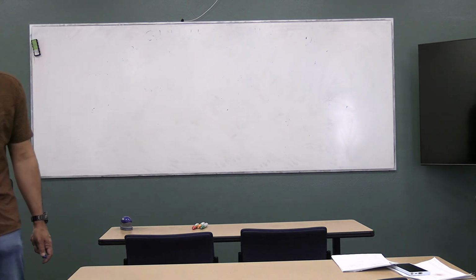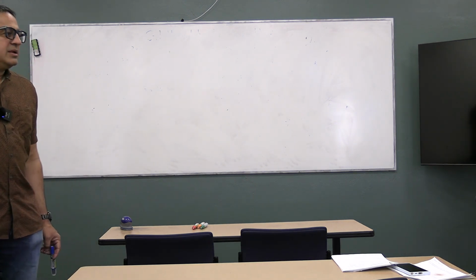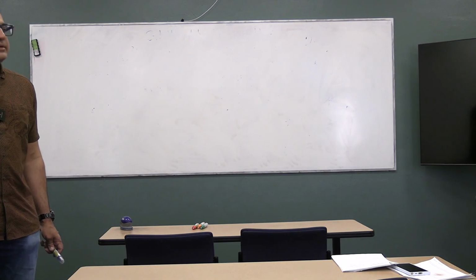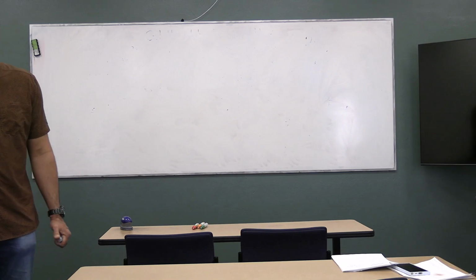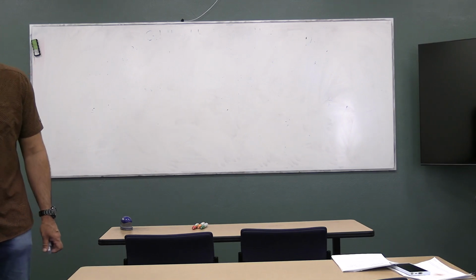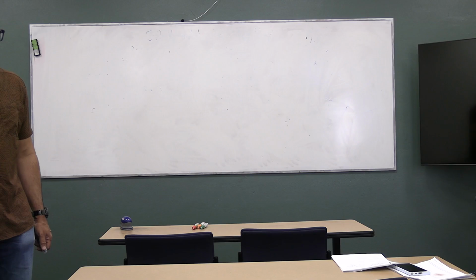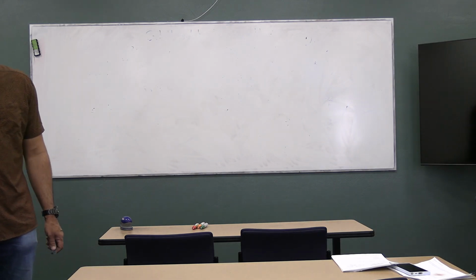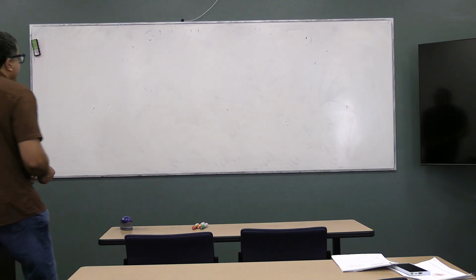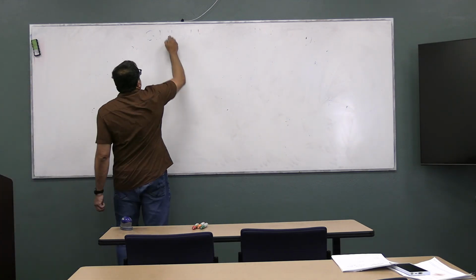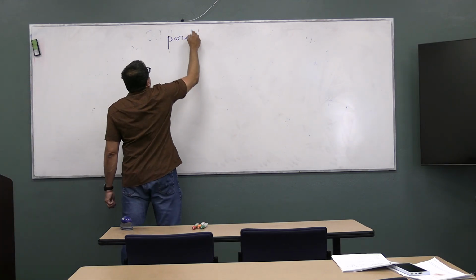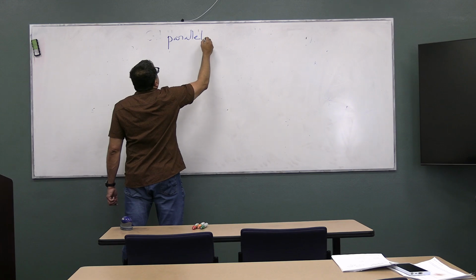In 3D, every object that tiles 3D space has to be what? What's the parallelogram equivalent in 3D? It's this object, a parallelepiped, and I don't know whether I'm spelling it right.